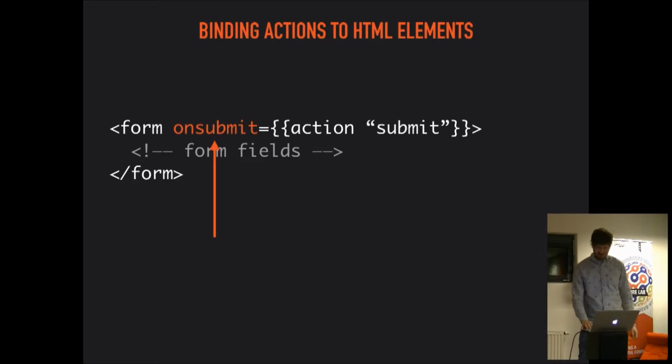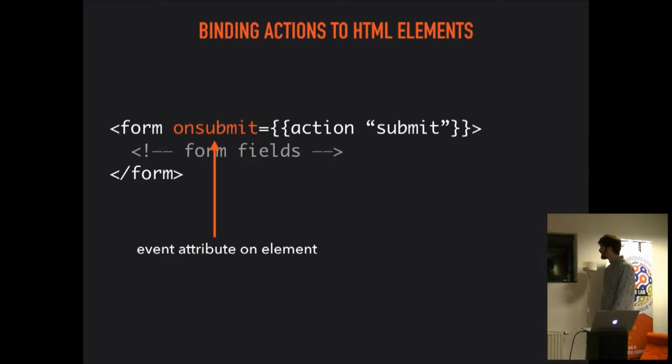That was the word I was looking for. Event attribute on the element. So if you go to your console and you log an HTML element, you have a huge list of on this, on that, on that. Well, the closure action will now just be bound to that function. So it's even simpler than it was before.